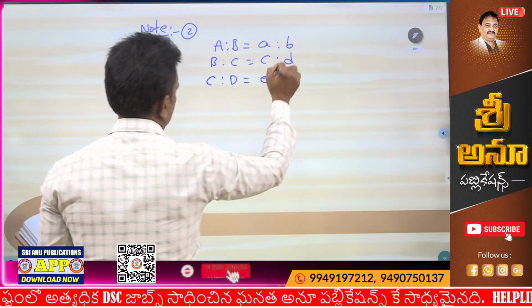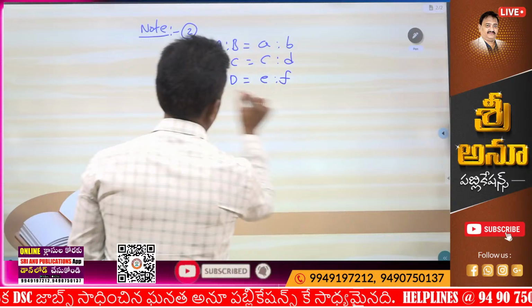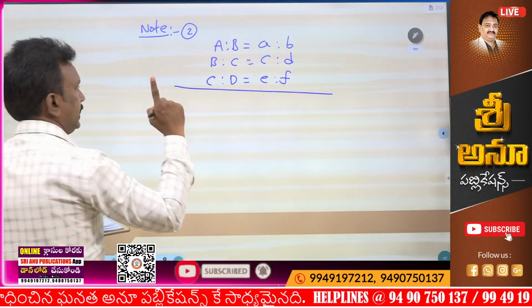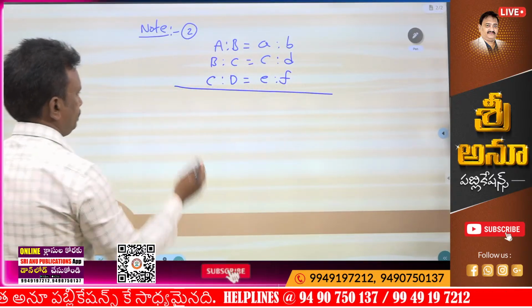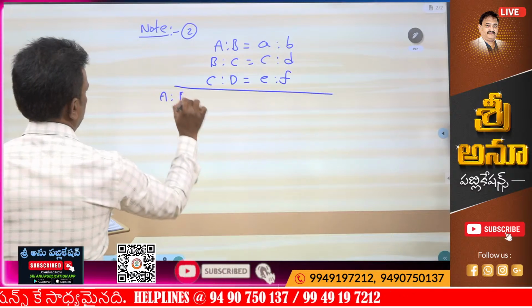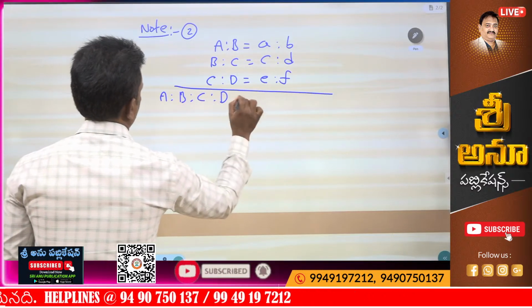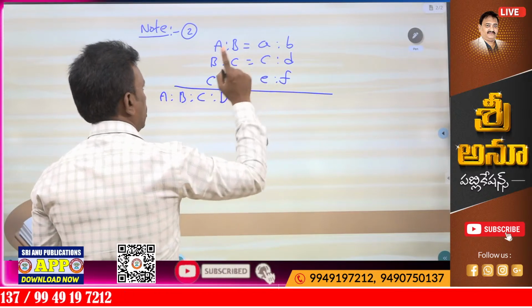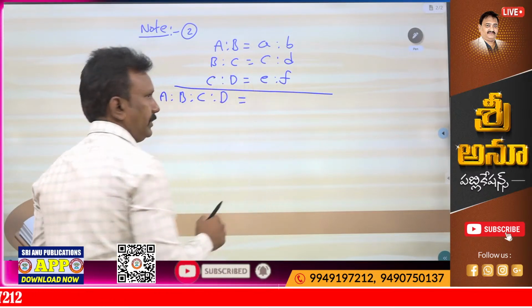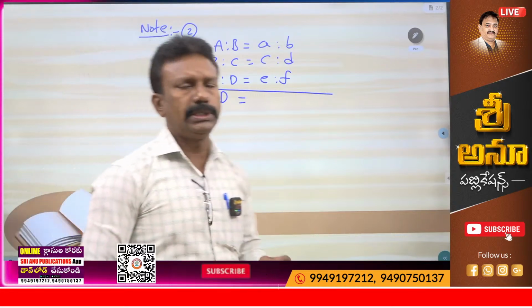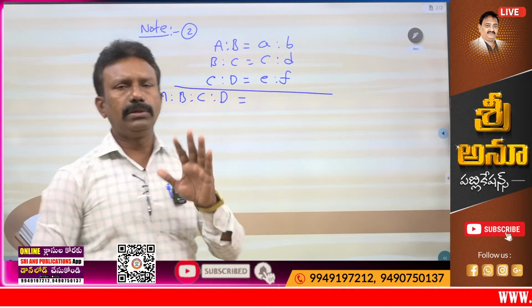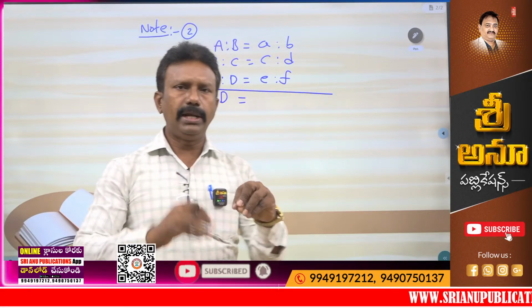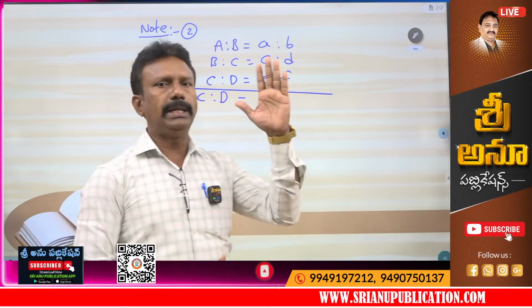First ratio, second, third. These are the three ratios. Just write in a single step into continuous form, A is to B is to C is to D is equal to. In this case, we follow a directional method. Try to understand so that you can write without confusion. Anywhere we can write easily by the directional method.